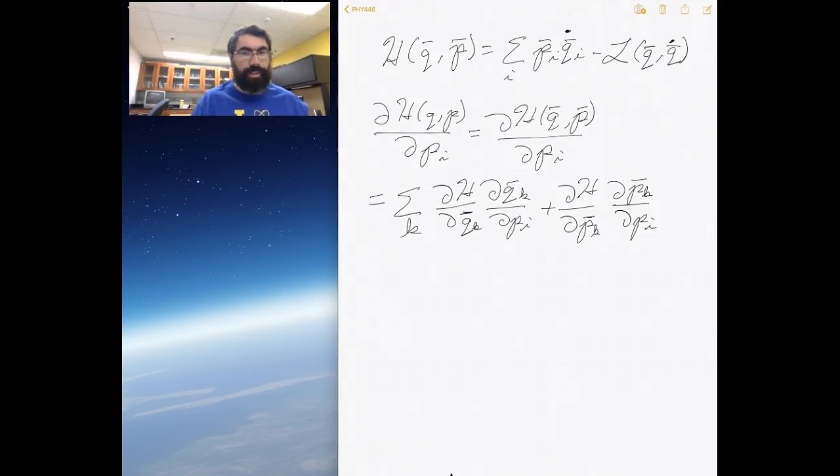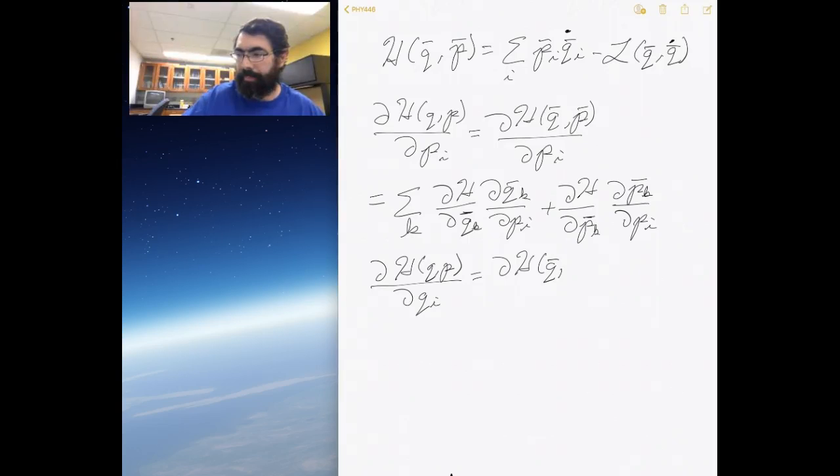And I could do the same thing for our position. I could take the derivative of the Hamiltonian in our original frame of reference with respect to position, q i, which could give me the same result with the Hamiltonian in the transformed system, q bar p bar, with respect to q. And if you work out the chain rule, you get something similar to above.